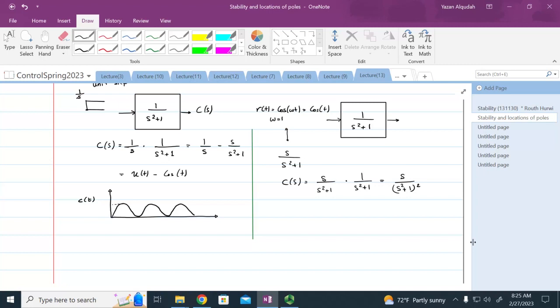If I look at the lookup table, the inverse Laplace of this is going to equal 1/2 multiplied by t multiplied by sine of t.